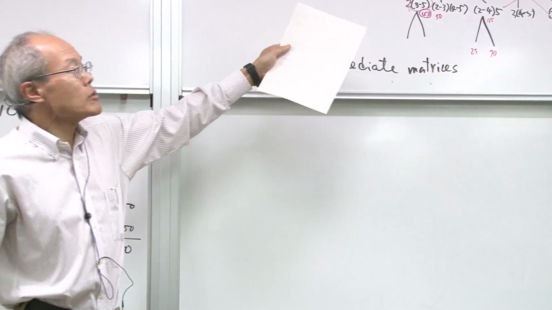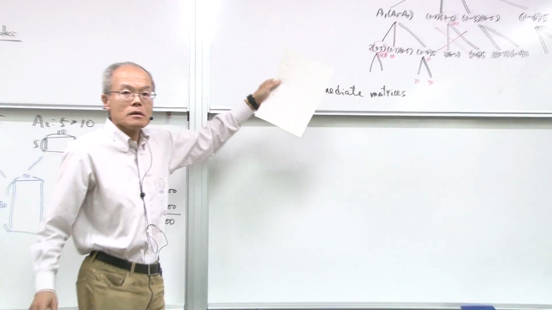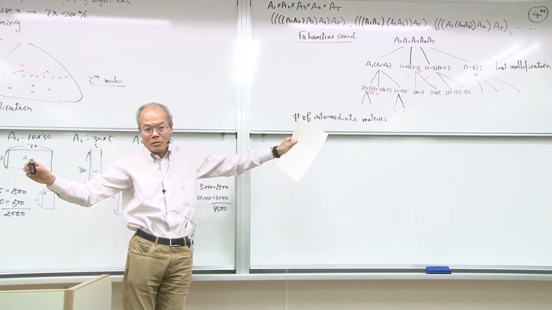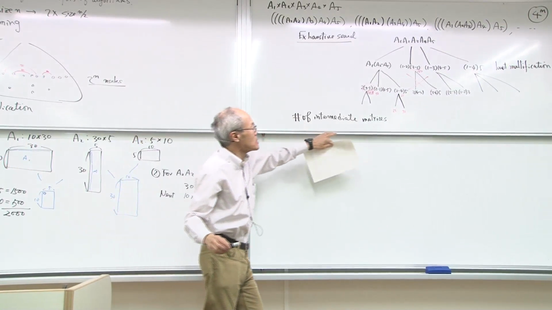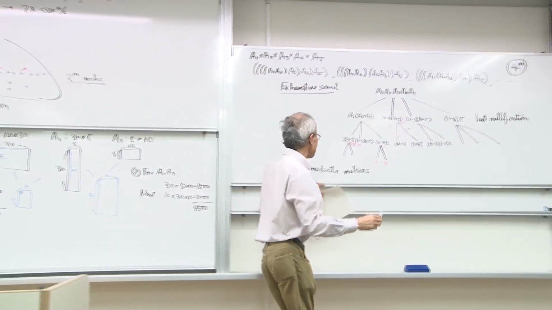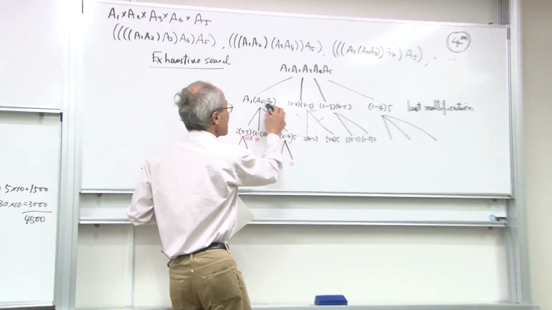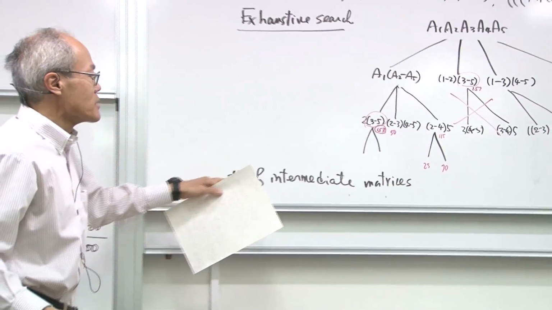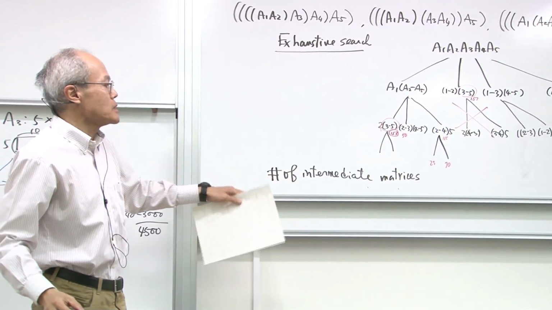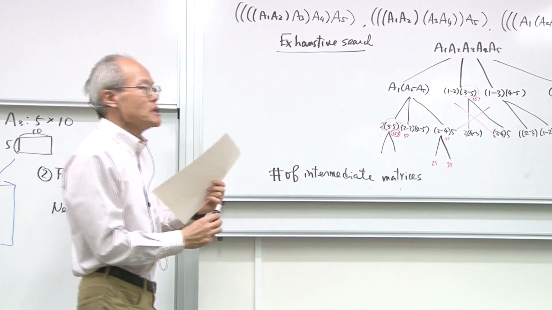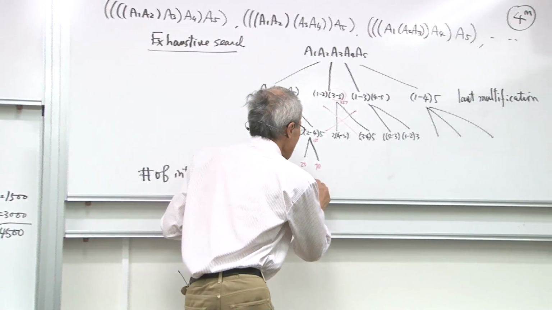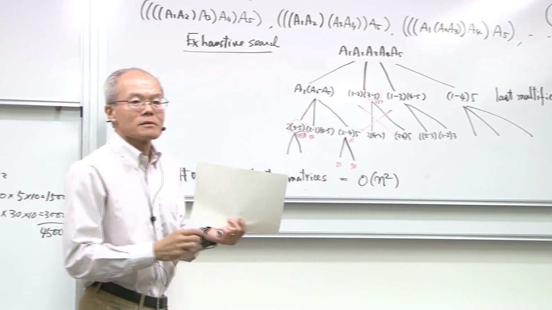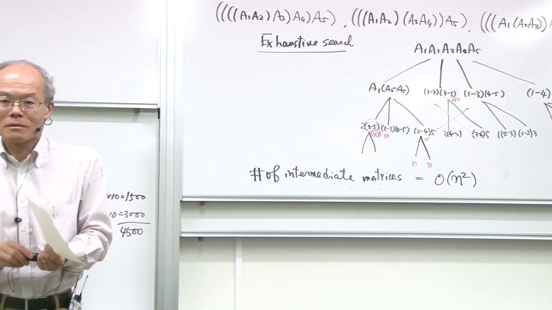Okay, so this tree could be huge, but the number of intermediate matrices like this and like this and like this is only n squared.